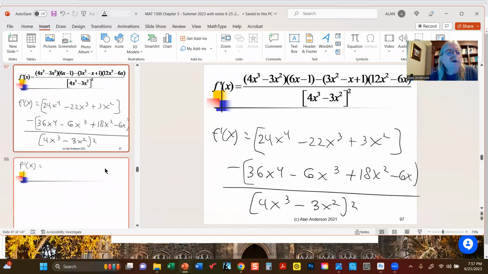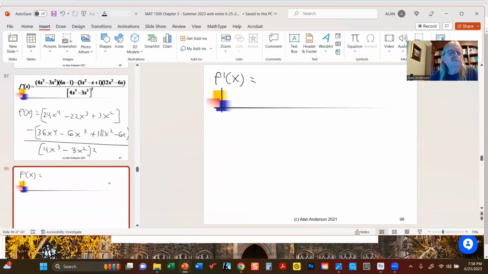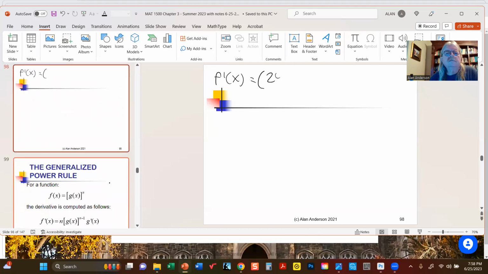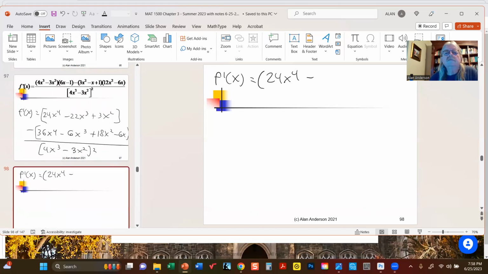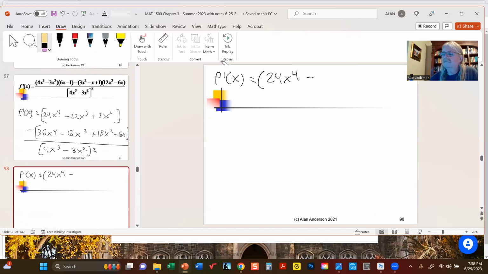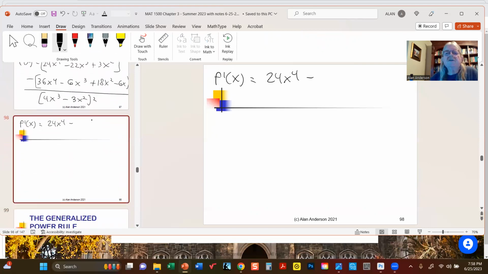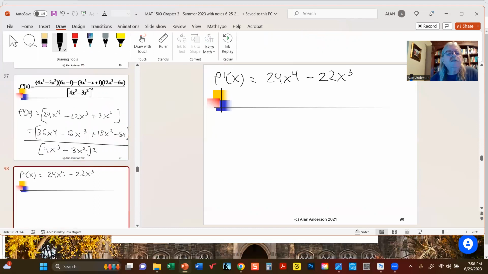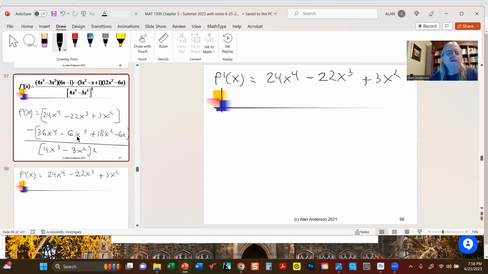All right, so it's 24x to the 4 minus 22x cubed plus 3x squared. Now I have to subtract that entire mess here.